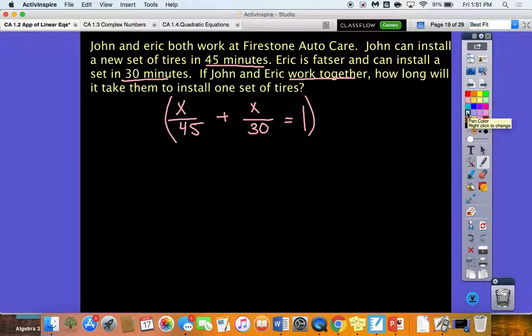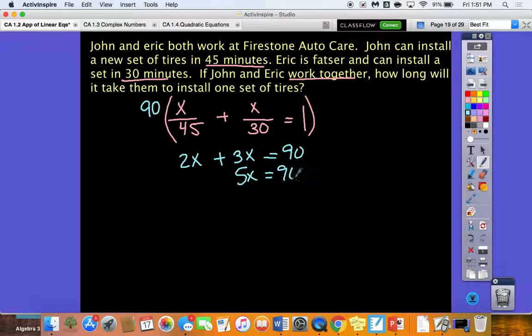So if I double 45, that's 90. I know 45 is going to go in there because it's times 2. 30 is going to go in there, and that's times 3. So 90 works well. So 45 goes in there, and we said that was 2. 30 goes in there, and that's 3. And then 90 times 1 is 90. So that's 5x equals 90. And when you divide it out, you get 18. And since everybody was minutes, what you really found is this is 18 minutes. Your unit stays the same.